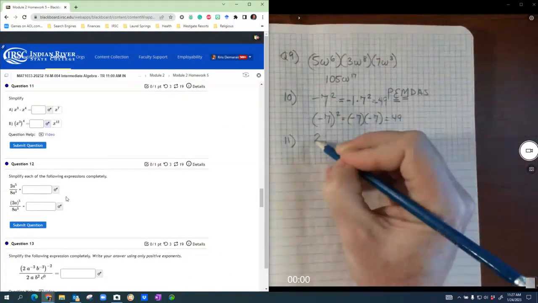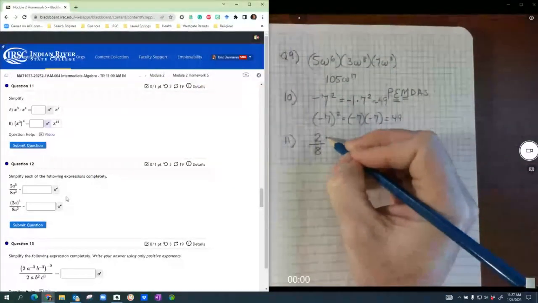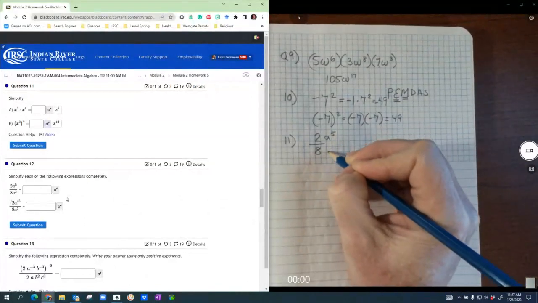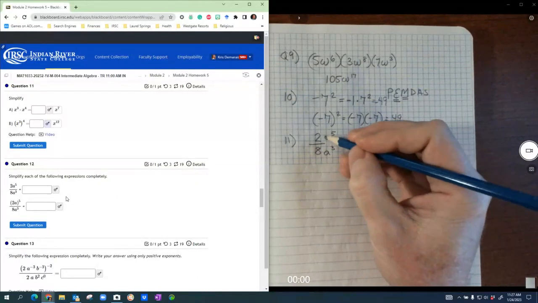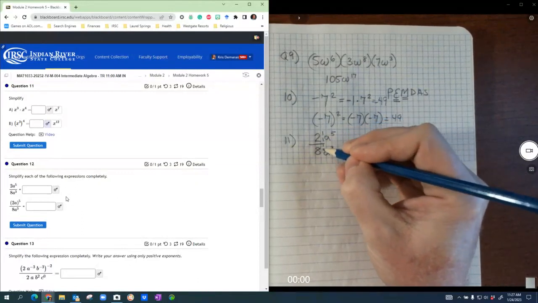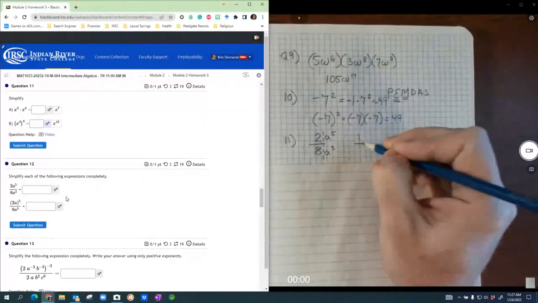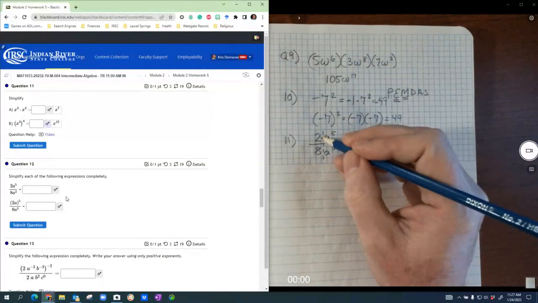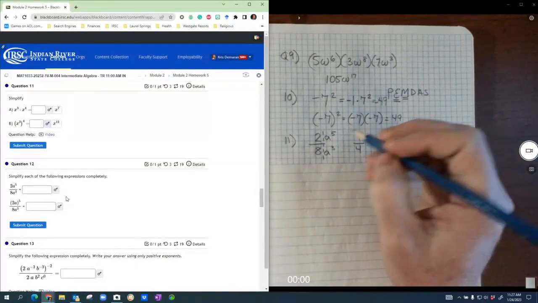Now, whenever dealing with this situation here, treat all parts as separated. We think about it as little dashed lines between them. Now, what does 2 over 8 give us? That gives us 1/4, because 2 goes into both of these, 2 goes into 2 one time, and 2 goes into 8 four times.